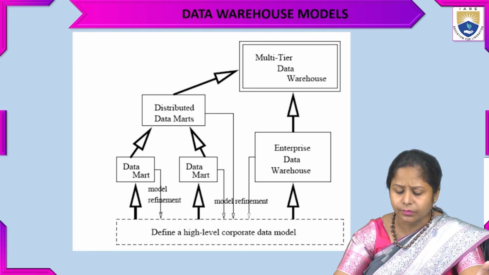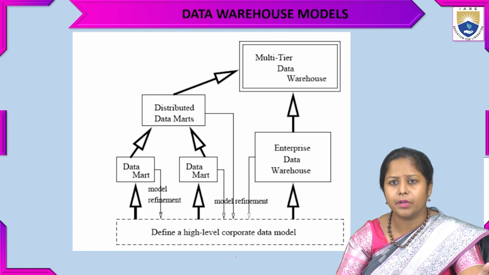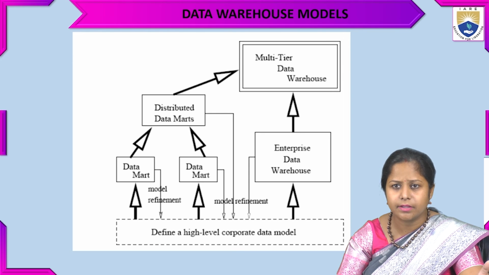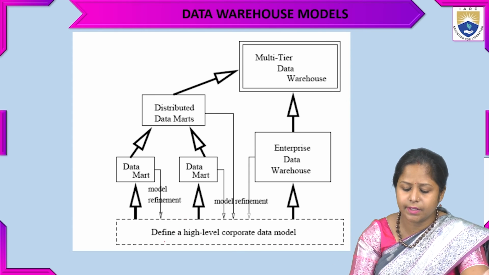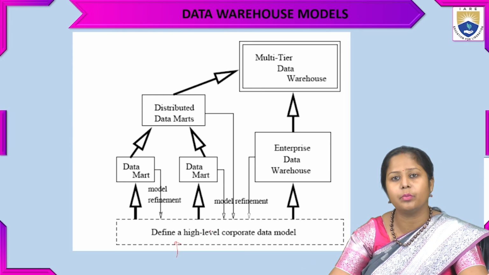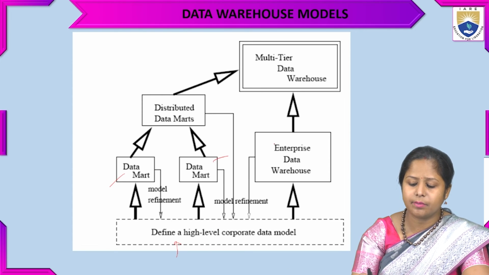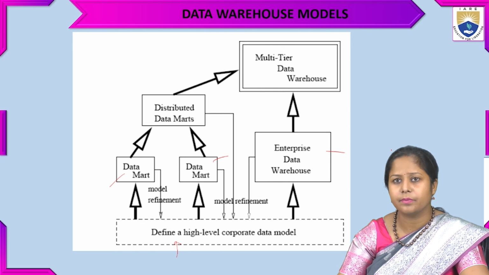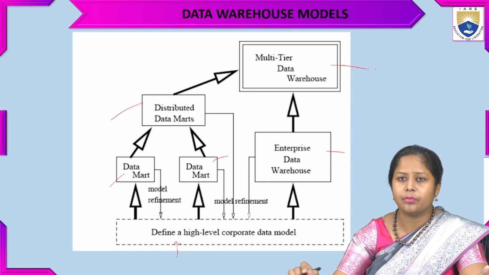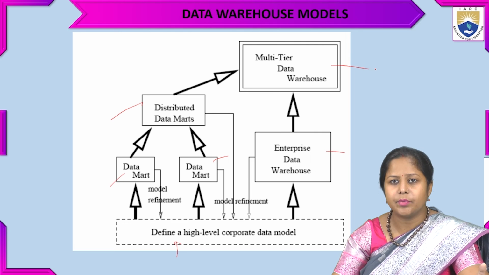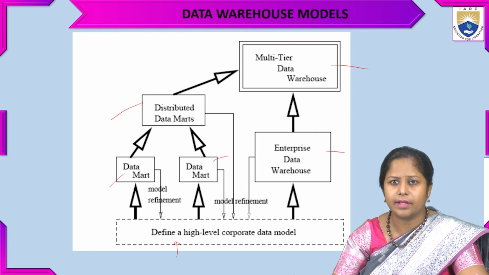In this figure, we can see the block diagram of that data model. If we define a high-level corporate data model, we can see here data marts, enterprise data warehouse, distributed data warehouse, and multi-tier data warehouse. These are the types of data warehouse, and the data warehouse can be stored like that.